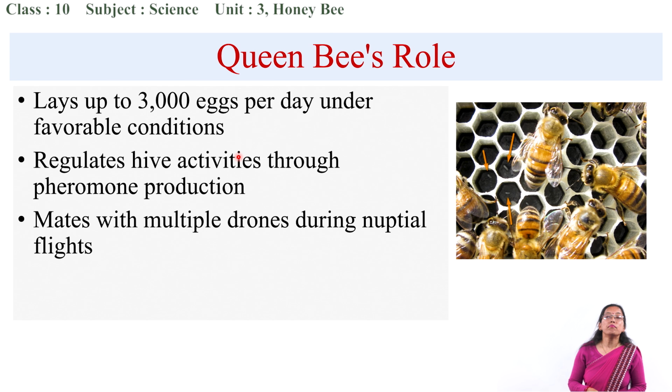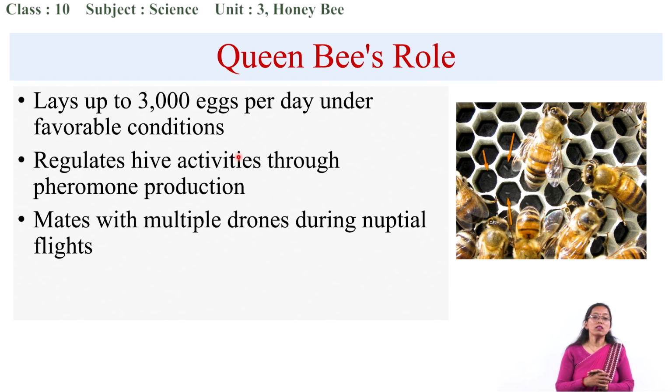It mates with multiple drones. We have seen in the nuptial flight, it takes a nuptial flight once or several times in its lifetime, but most of them take only once, though sometimes it may take it more times.